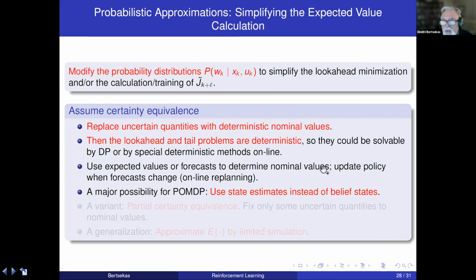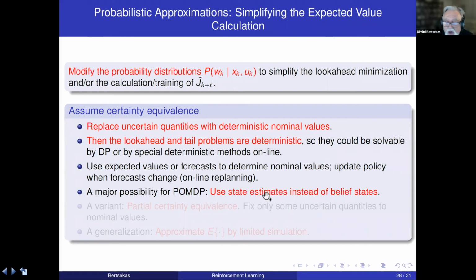Now, a major possibility for probabilistic approximation is when you have POMDP, in which case the real state of the system is the belief state, the probability distribution of the current state, but that's difficult to handle in dynamic programming computations. So we use deterministic substitutes that are state estimates.